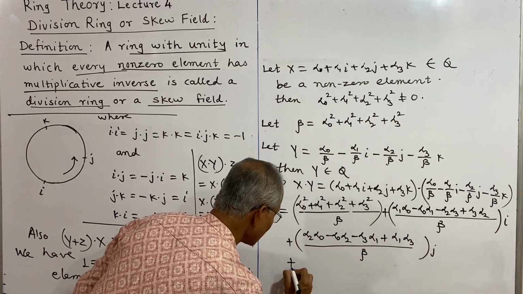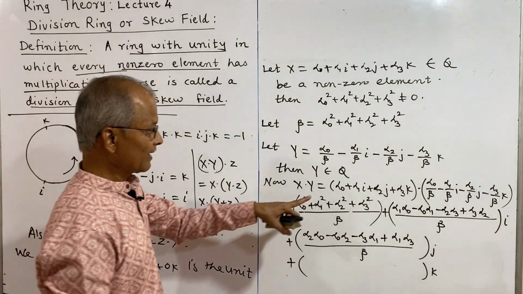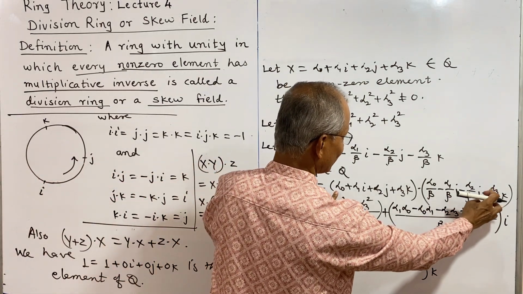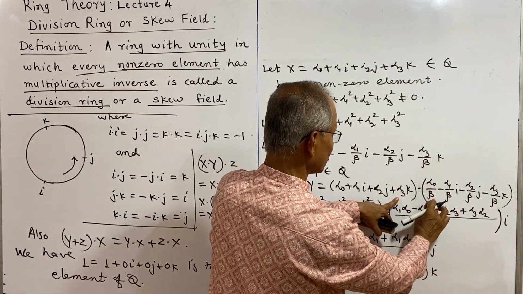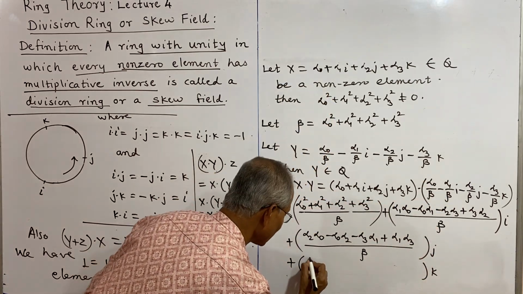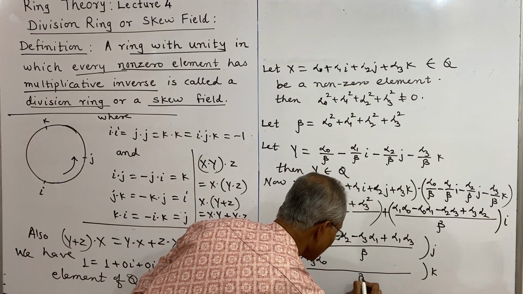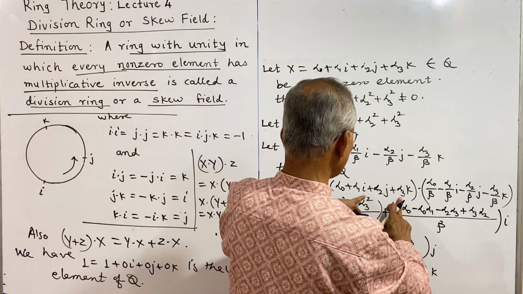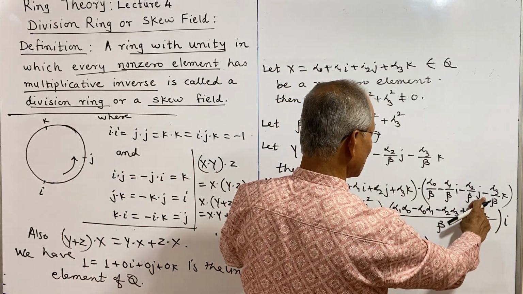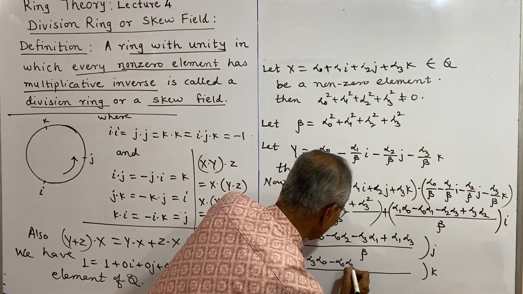And lastly the component of k. See, the component of k, alpha 3 alpha naught divided by beta, alpha 3 alpha naught. And further you see the k component, that is minus alpha 3 alpha naught, minus alpha naught alpha 3.